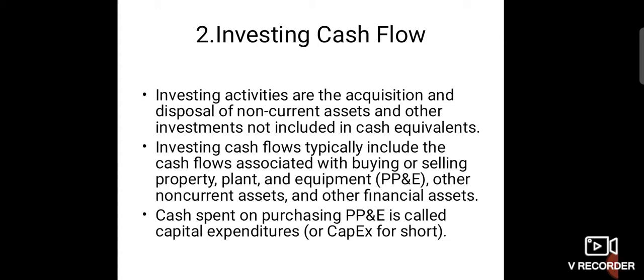Cash spent on purchasing plant, machinery, equipment, property, etc. is called capital expenditure or CapEx for short. Okay. So we know investing activities are mainly concerned with capital expenditure nature items. Those are the cash flows we will record in the investing activities.